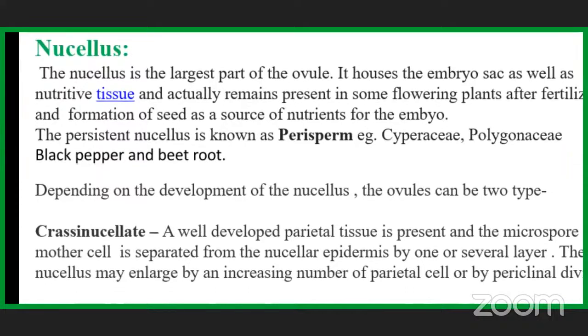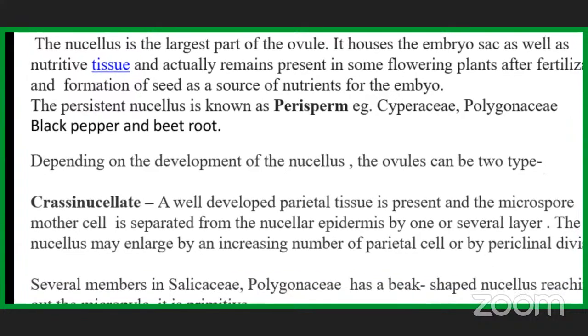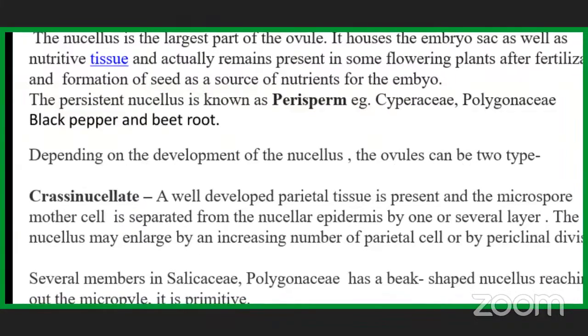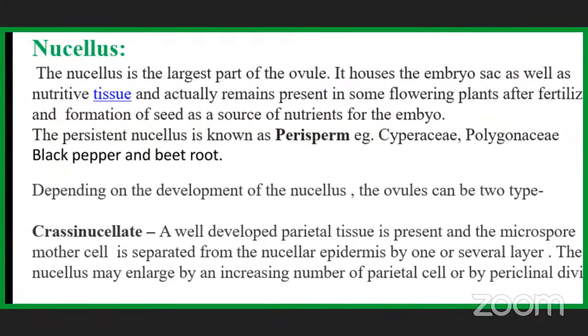Where there is a persistent part, the remaining nucellar part even after maturation of the embryo sac, we call it perisperm. Usually the perisperm is present in Cyperaceae, Polygonaceae, and black pepper and beetroot. In beetroot we can see the perisperm.